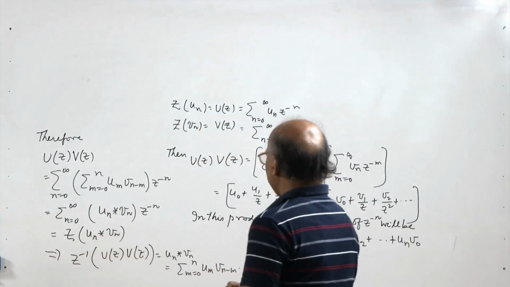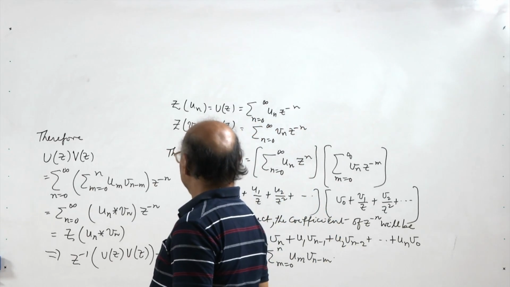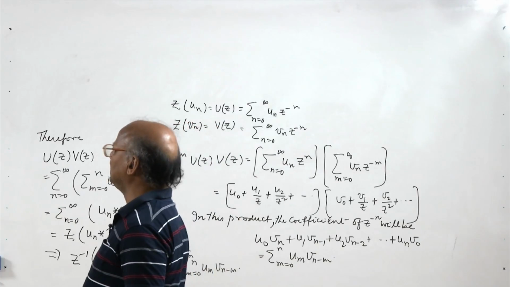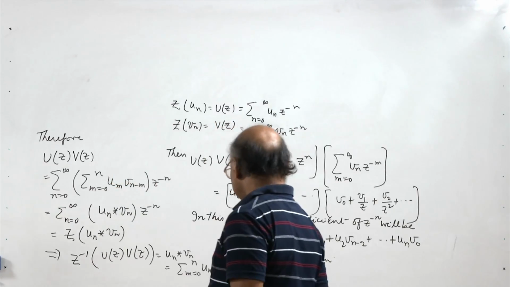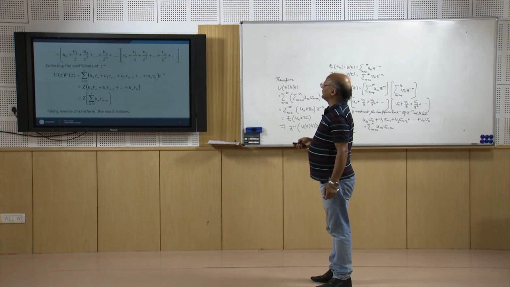So, when we know the Z transforms of two sequences u_n and v_n, the Z transform of their convolution is equal to the product of their Z transforms. So, this is the convolution theorem.